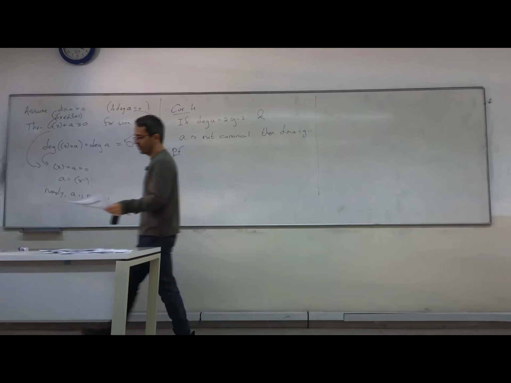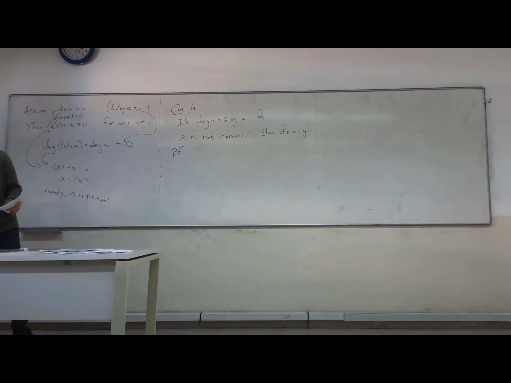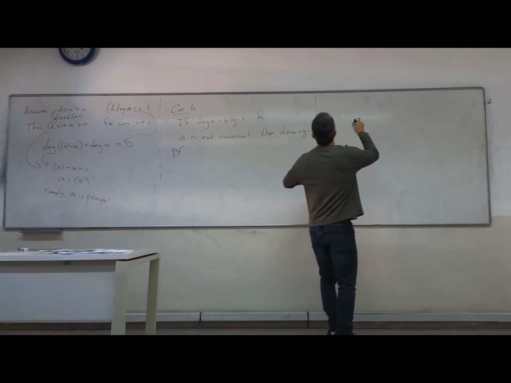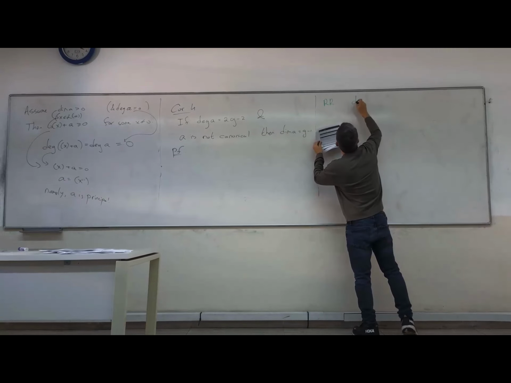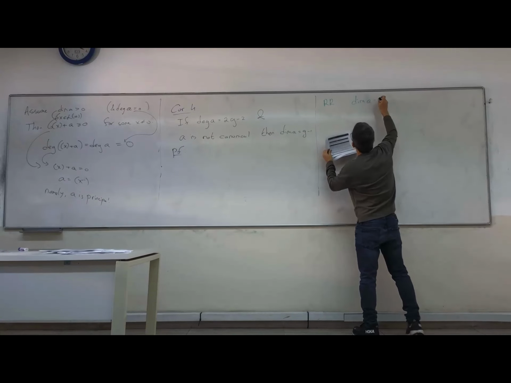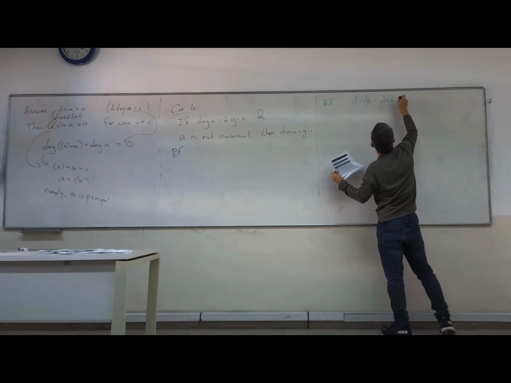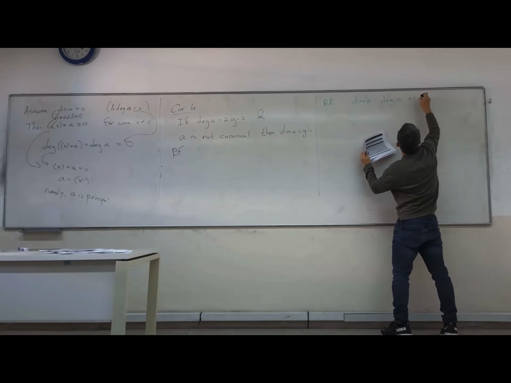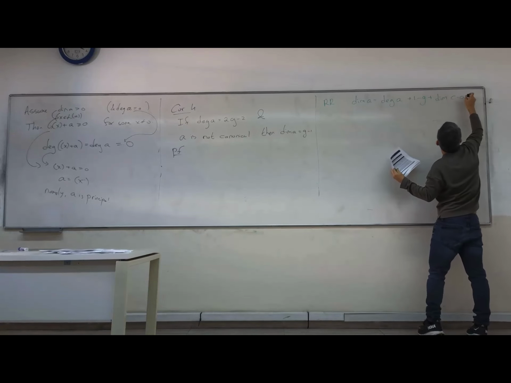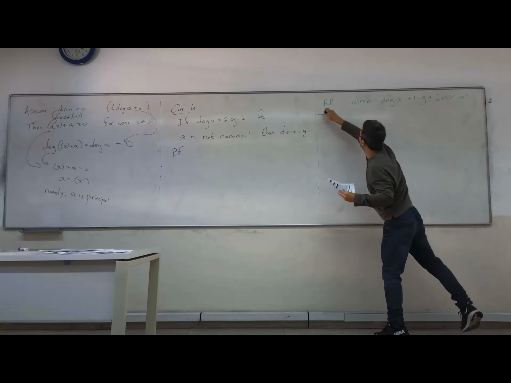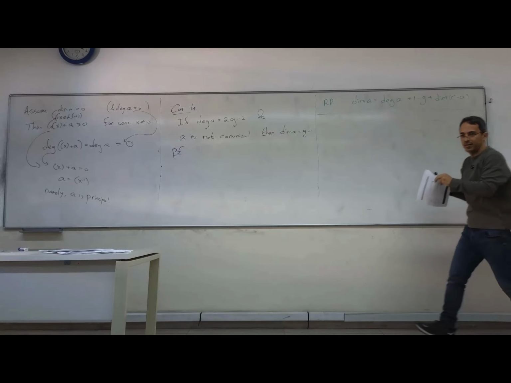So Riemann-Roch tells us that the dimension of A is the degree of A, for every A, plus 1 minus g plus the dimension of C minus A. That's the theorem.